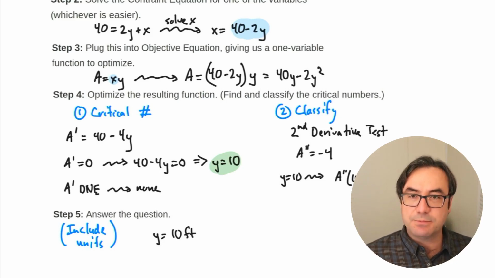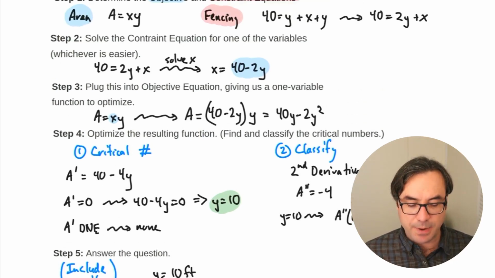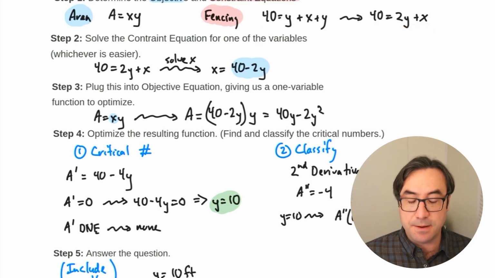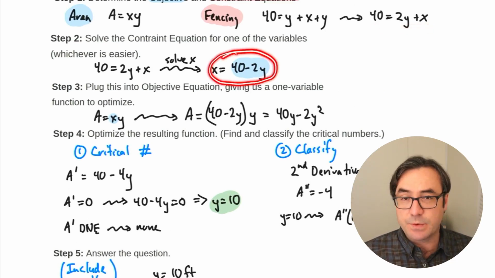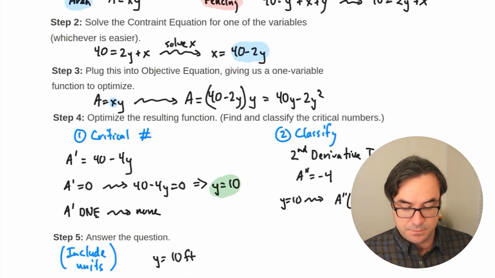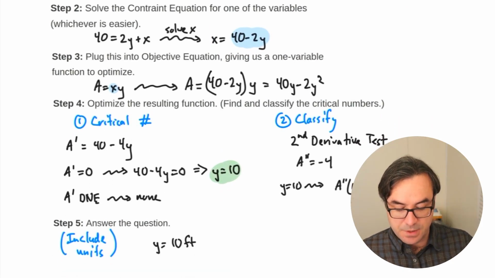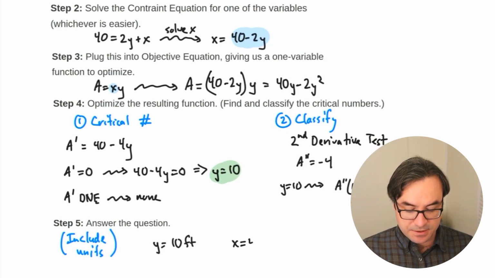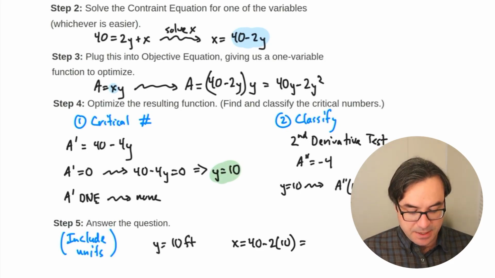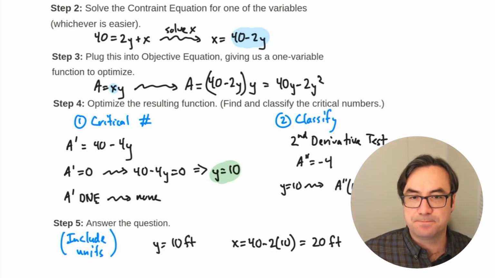We could go back directly to our constraint equation, but we already have this version where we solved for x. So let's just plug in there. So x is 40 minus 2, and we fill in our y value, which is 10. This ends up being 20. So x is 20 feet.